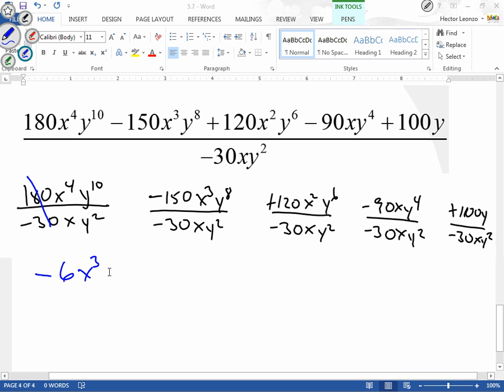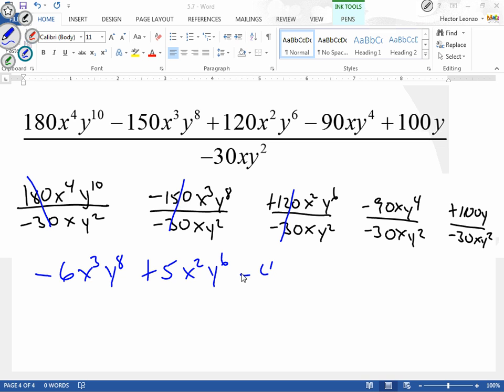When it comes to the y, I'm going to have y to the 8th because I subtract them. Now in the second term, negative 150 divided by negative 30, that should give me positive 5. When it comes to x's, I get x to the second, y to the 6th. My third term, 120 divided by negative 30, that should give me negative 4.